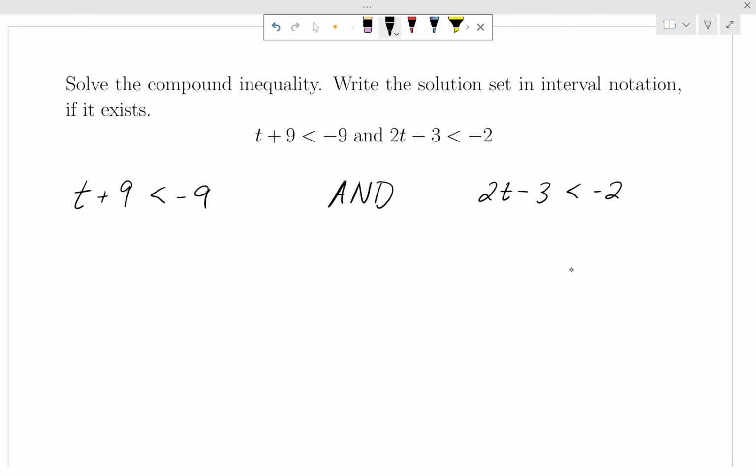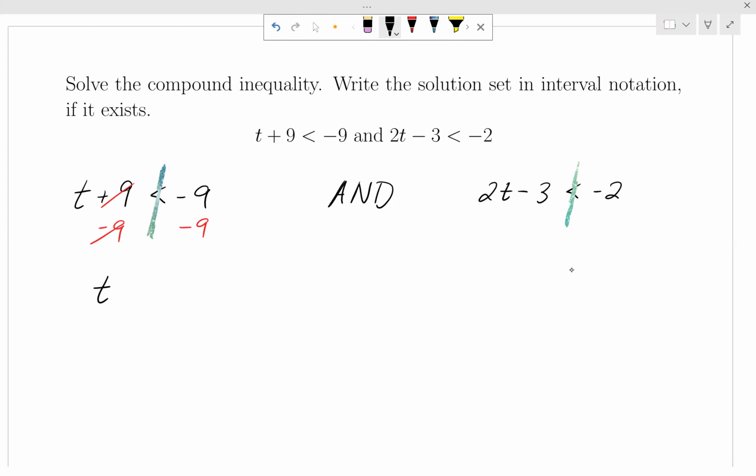All right. So like we did if this inequality was equality, we would draw a little line here, and whatever happens to the left, we have to do the right. We're going to do the same thing for these two. So on the left, I'm going to subtract 9 so that these cancel. I'm going to subtract 9 to this side.